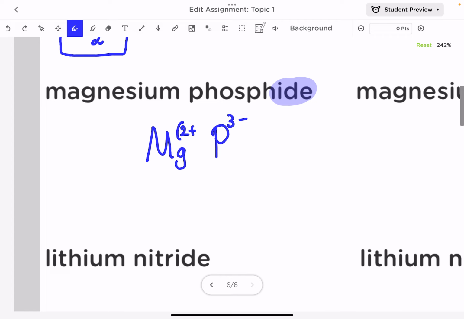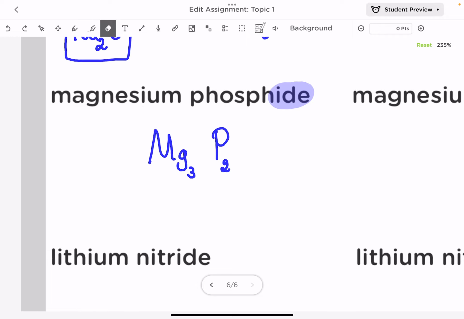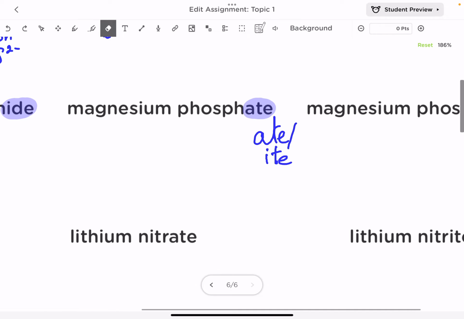So the 2, you will simply take the number and transfer it as a subscript next to the opposite atom, which is P. And the 3, you write it as a subscript next to the Mg. Remember to erase the numbers and the positive and negative charges that were written as superscript. So your final answer is Mg3P2.